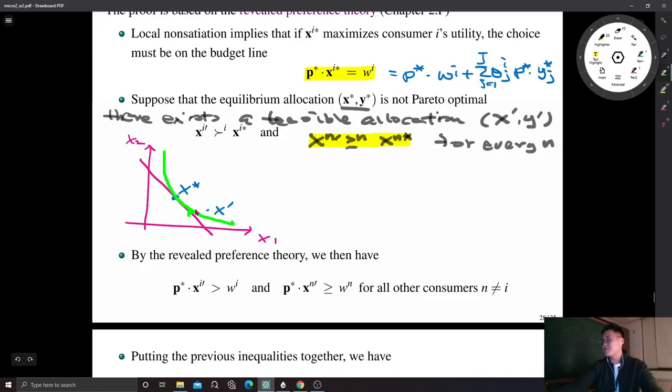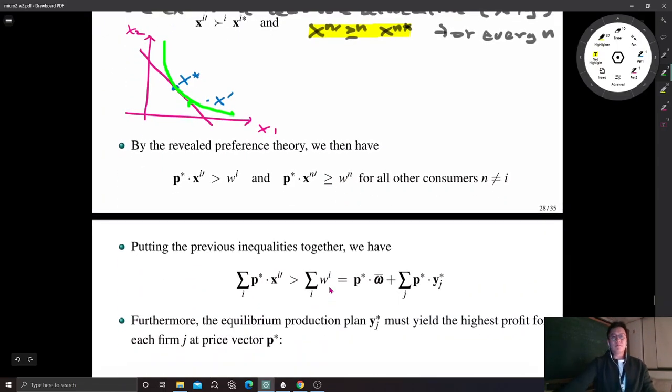We allow for such a possibility, but that is just a weak preference. For consumer i who strictly prefers X prime to X star, this bundle should be strictly outside of the budget set. But for other consumers, we apply the weak preference, so we have weak inequalities here.